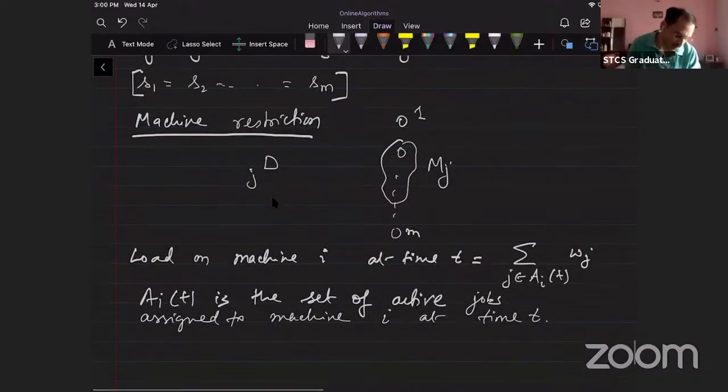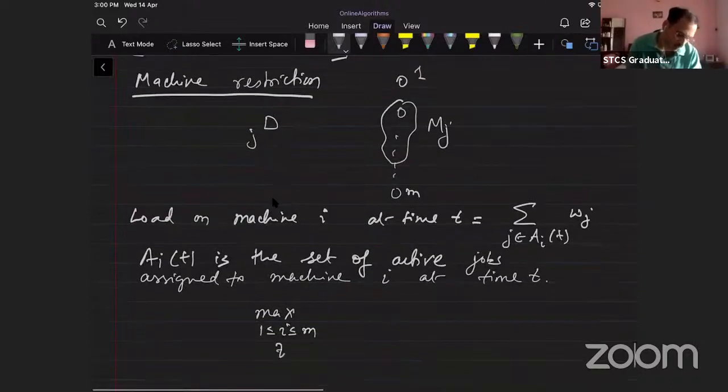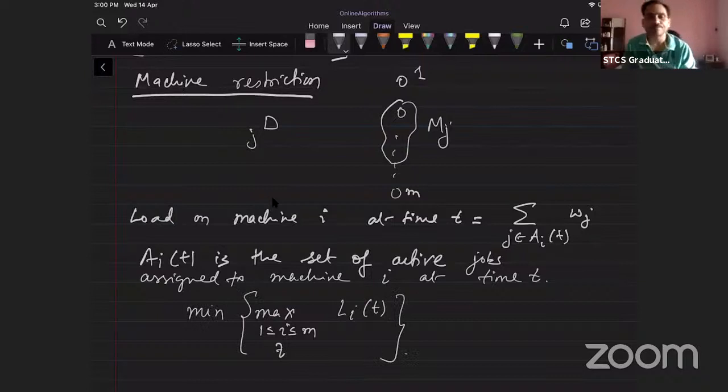So now this maximization is also over time: max over all machines 1 through m and time t of L_i(t), and you want to minimize this. There is a time component to it which you can't control, but you still want to minimize the maximum over all machines and over all times. Is the problem clear?